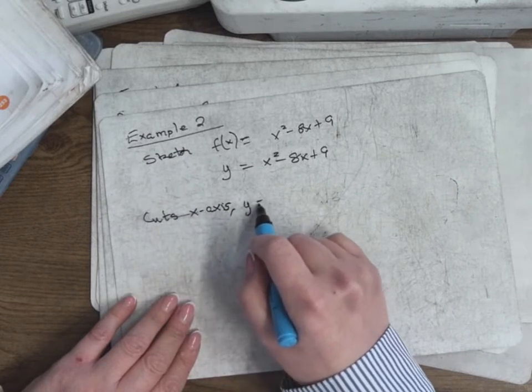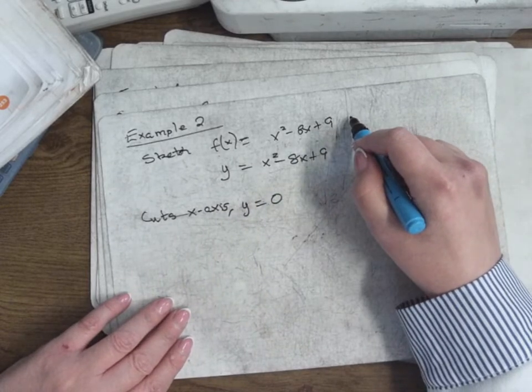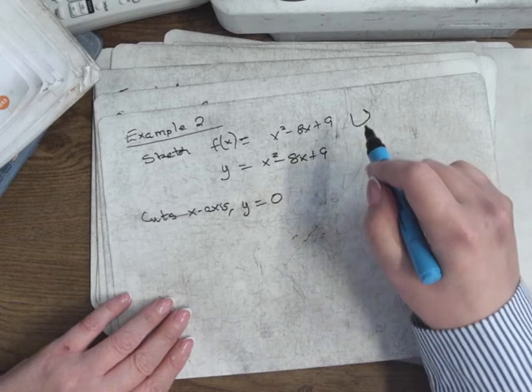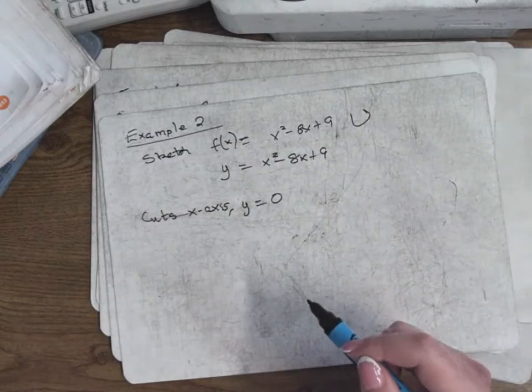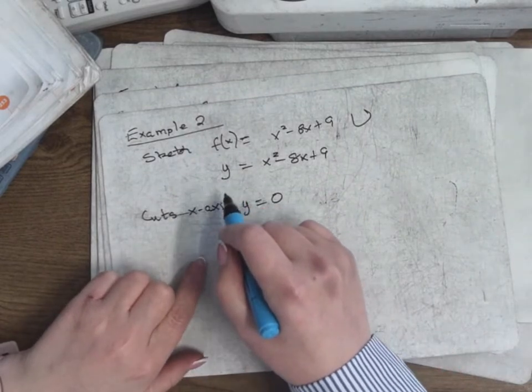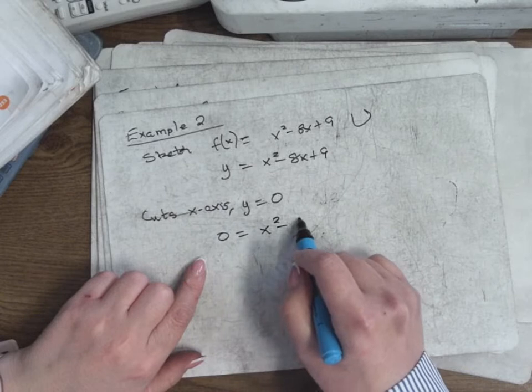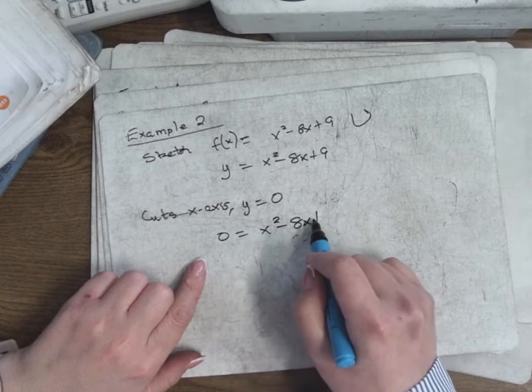Sorry, before I start, I should have said happy face, sad face. It's going to be a happy face. It's good to know before you begin what you're going to end up with. Right? So let y equal naught. So everywhere I see y, put in a naught. x squared minus 8x plus 9.